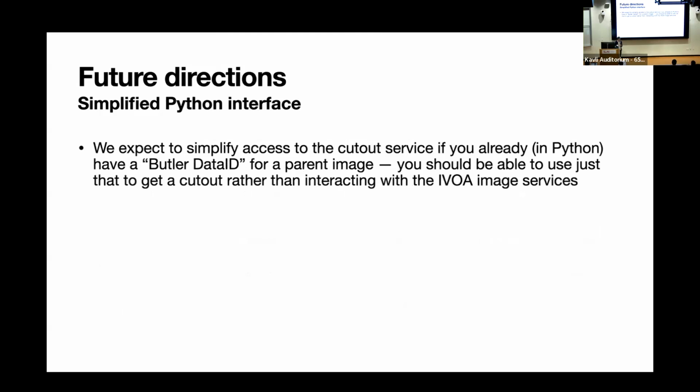So we're also, you know, you're seeing a work in progress. There's a lot of boilerplate rigmarole in what Christina showed. Those are the steps that are happening underneath, finding the image and locating it in the service and calling the service and so on.